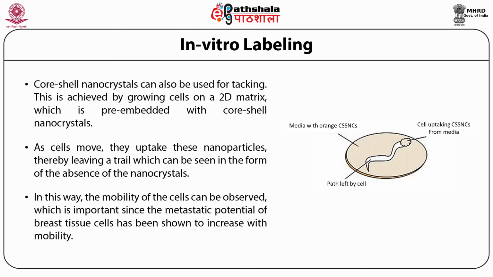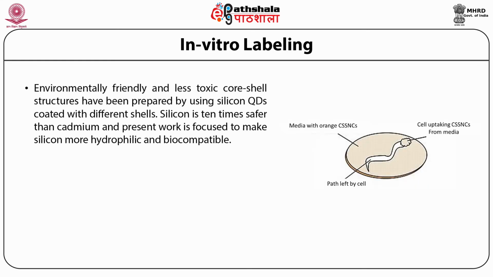Furthermore, 5 different core shell nanoparticles have been shown to simultaneously detect 5 different toxins. Environmentally friendly and less toxic core shell structures have been prepared by using silicon quantum dots which are coated with different shells.